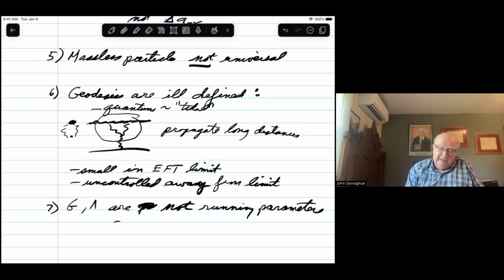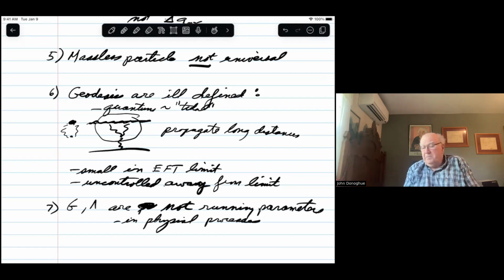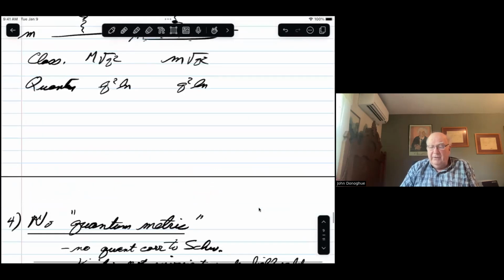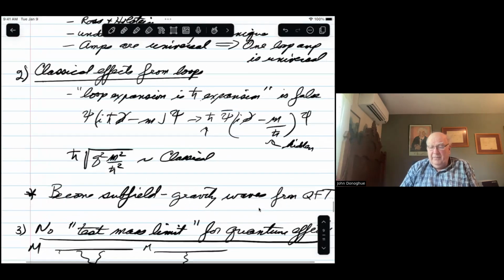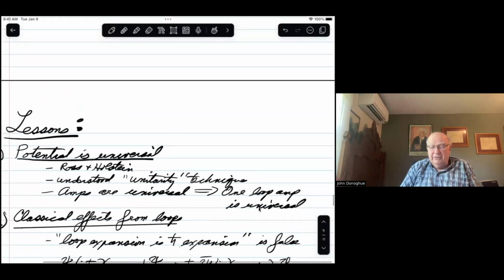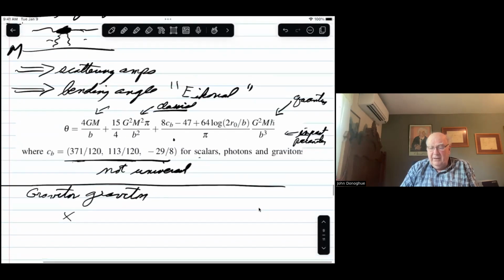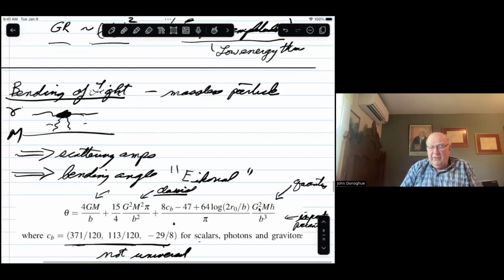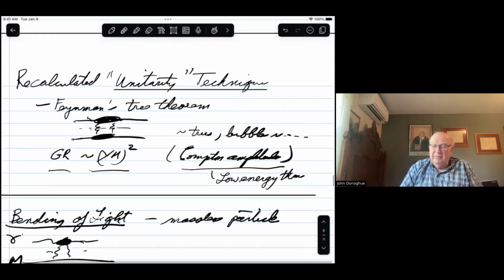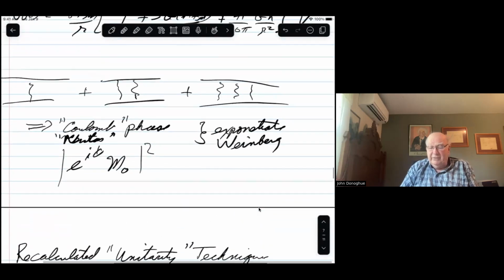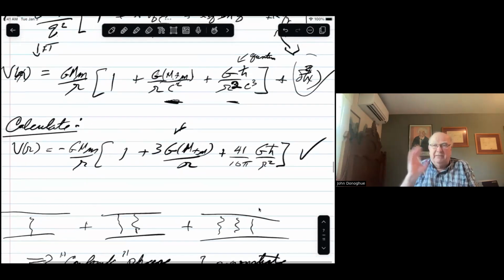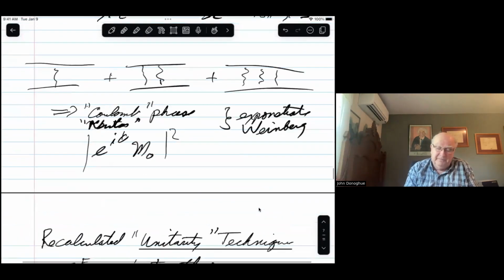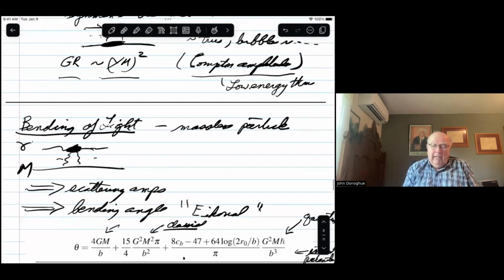In physical processes, we don't have any universal definition of a running G. If you tried to do one for the potential, it wouldn't work for bending angles, etc. So there is no universal definition.